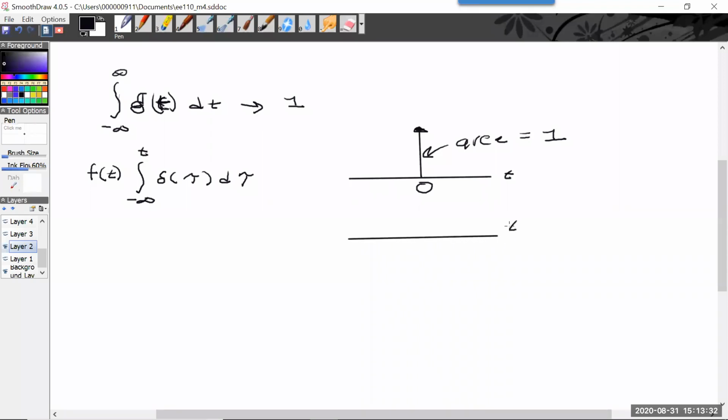Just so you know, what I'm doing is kind of an intuitive explanation. Before the delta function there's nothing to integrate, so the area is 0. But then right at 0, the delta function arrives. Yes, is the f of t equals the integral or f of t times the integral? Thank you, sorry, thanks for saying that.